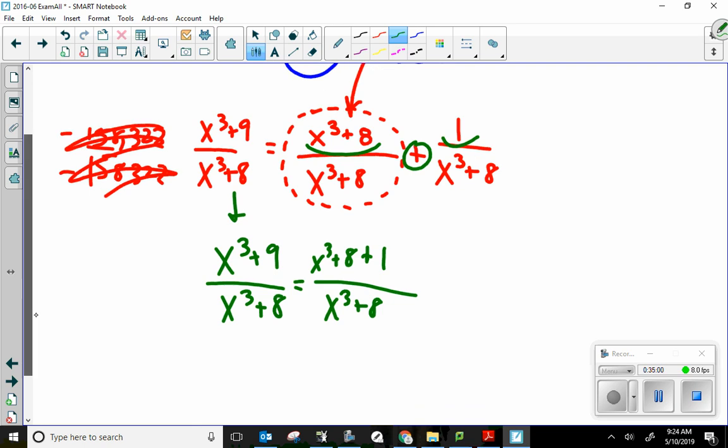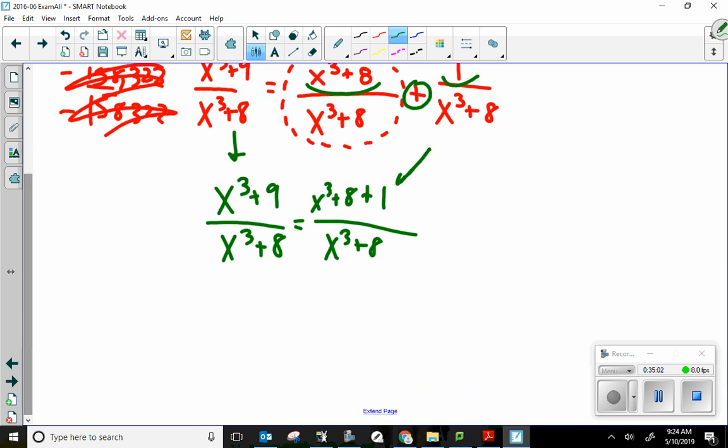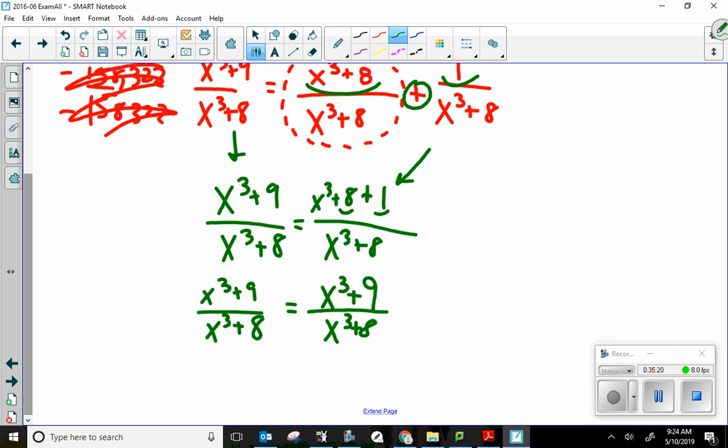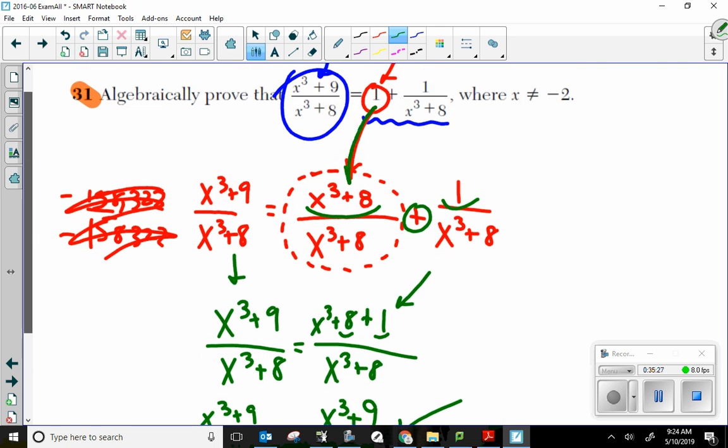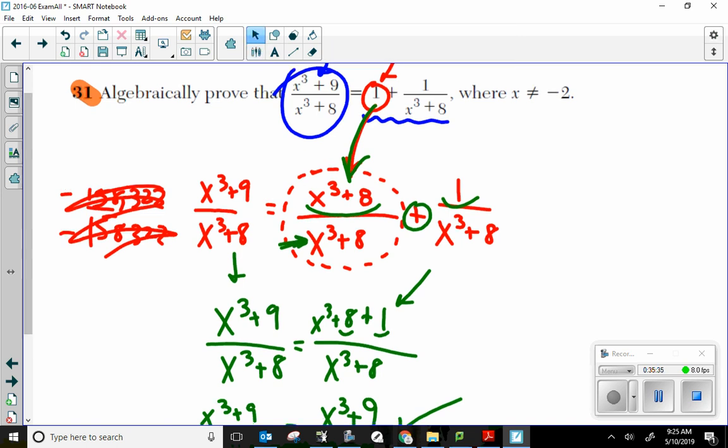What are the only two terms I can combine in this numerator? 8 and 1? Dang straight, it's 9. That equals x cubed plus 9 over x cubed plus 8. You proved it. Both sides are equal. And the only thing you had to do was convert your 1 into a fraction that had this denominator. So you put this over itself. That is it. We are done with 31.